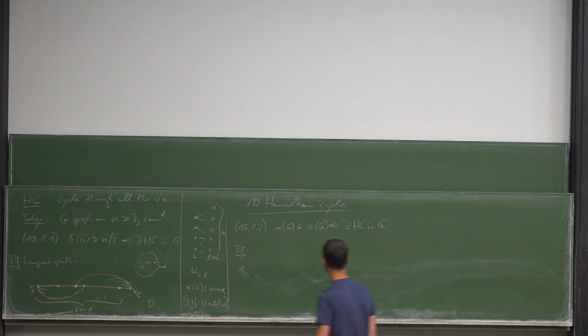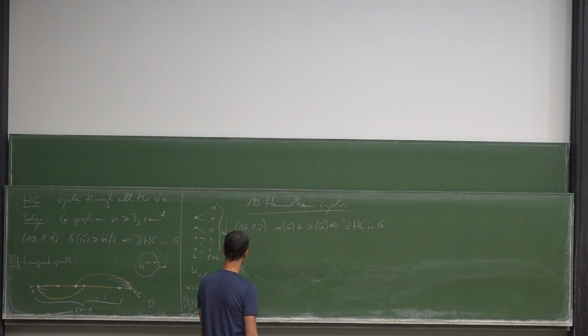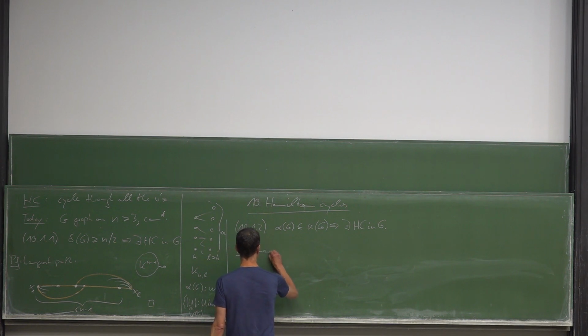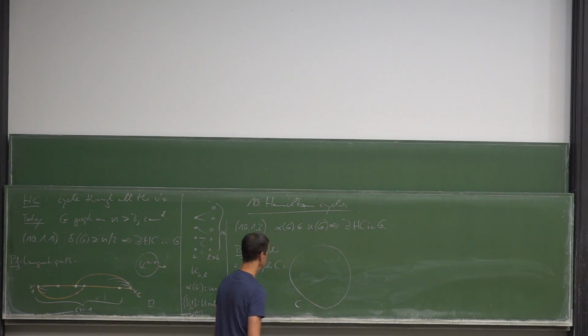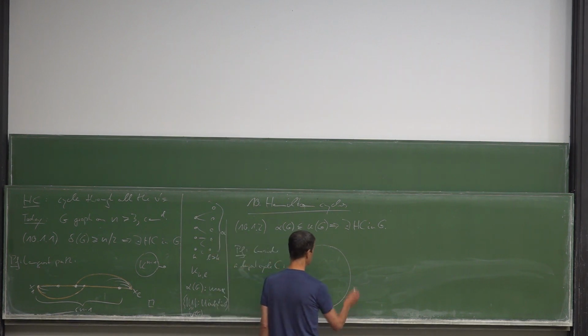Okay, so let me try and prove that. Consider a longest cycle C. If that's not a Hamilton cycle, then there are some other vertices.